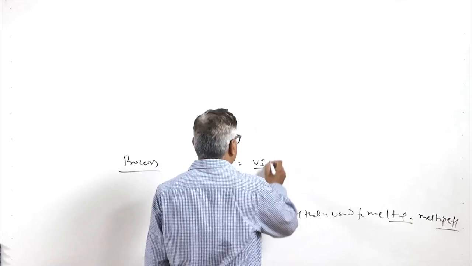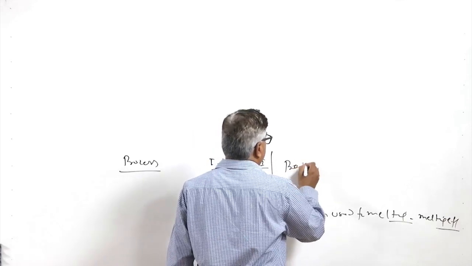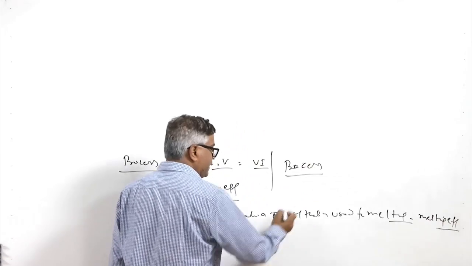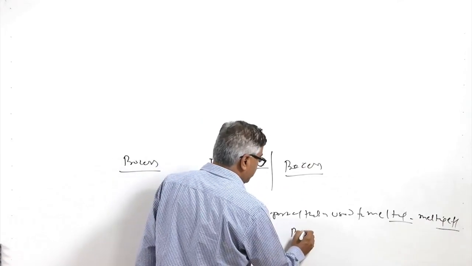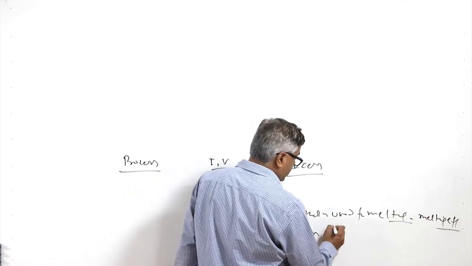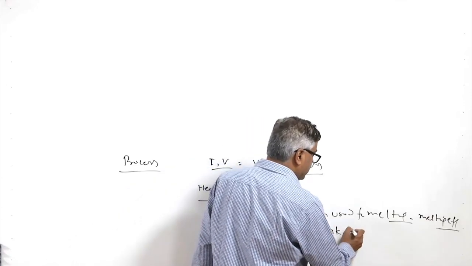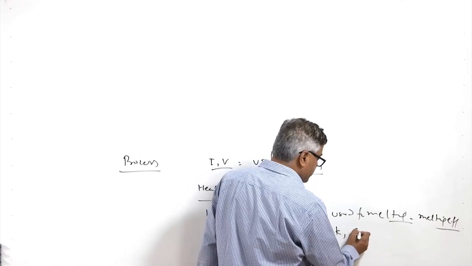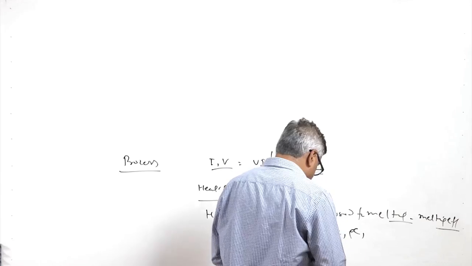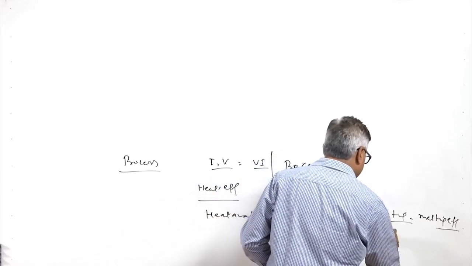Depending upon the process, the heat efficiency is influenced, while the melting efficiency depends on the process as well as the thermal conductivity, the volumetric specific heat rho c, and the thickness of the metal.